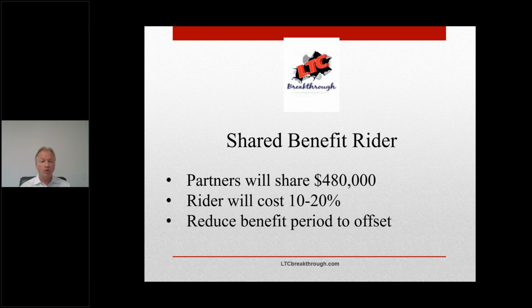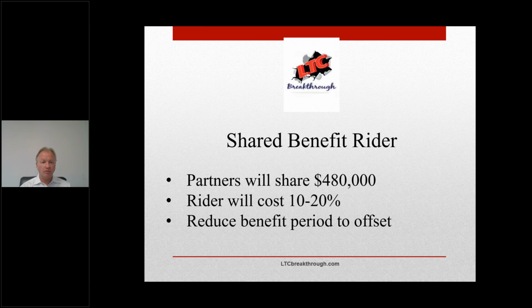So in our example, where you had a 4-year benefit period or 48 months, maybe each of you could purchase 3 years and add the rider so that now you're sharing 6 years instead of just having your own 3 years each. And by reducing your benefit period from 4 years to 3 years each, you can actually offset the cost of the rider. It will cost about the same, but you'll be sharing 3 years each. So you'll have 6 years to tap into for each of you.